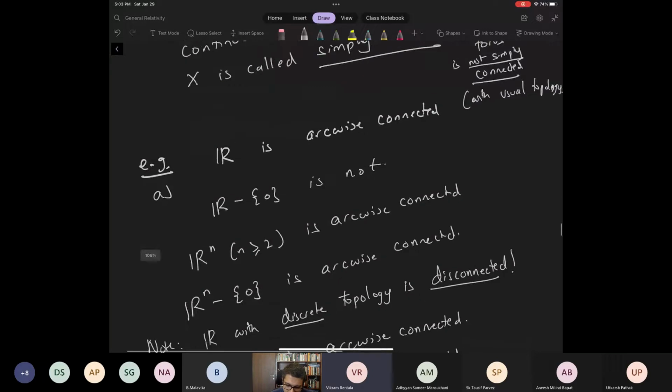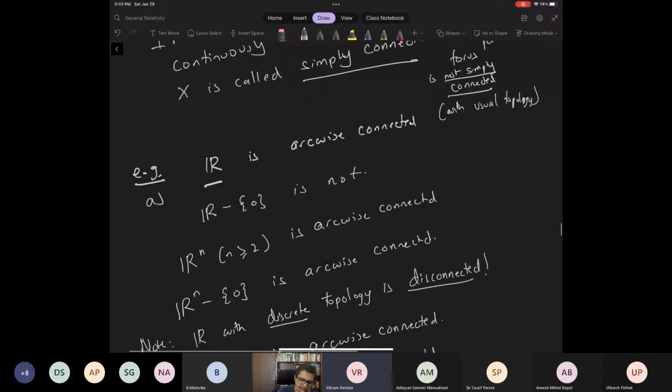Let's do a few more examples. The real line R is arc-wise connected. Every time I talk about R, I'm just going to assume the usual topology. So R is arc-wise connected.